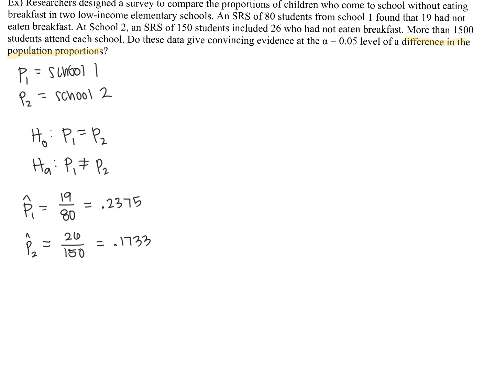And then for my pooled proportion, my x1 and x2 are my number of successes, so 19 plus 26 over 80 plus 150. So 19 plus 26 is 45, over 80 plus 150 is 230, which is 0.1957.